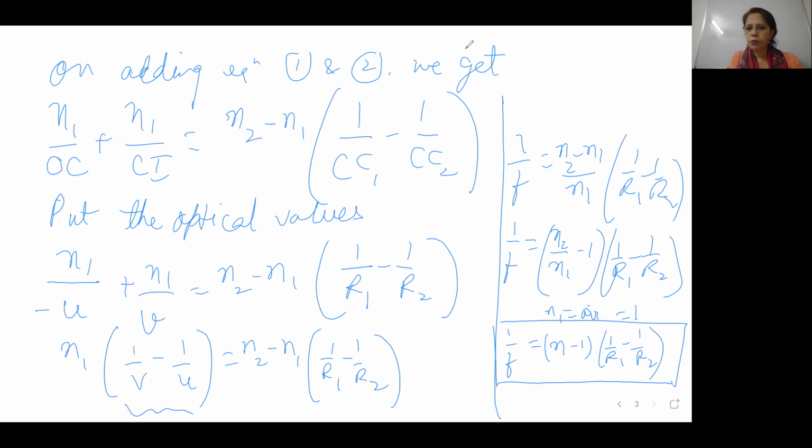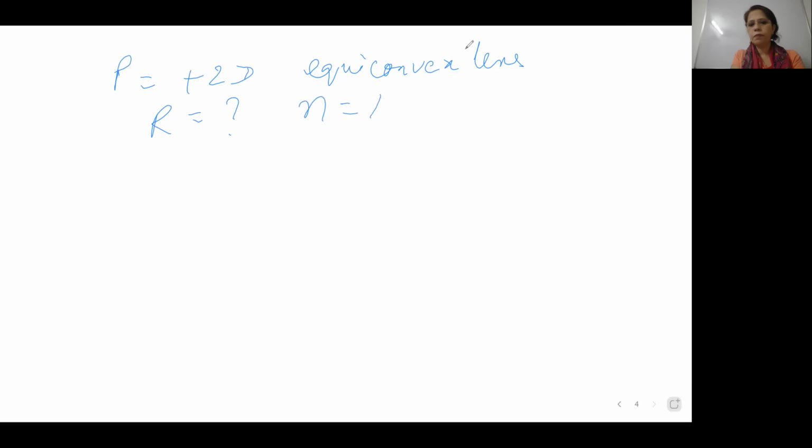Now, a small numerical for you, because then it will be very clear to you all. For an equiconvex lens of power plus 2 diopter, what should be the radius of curvature? Given refractive index of glass 1.5.